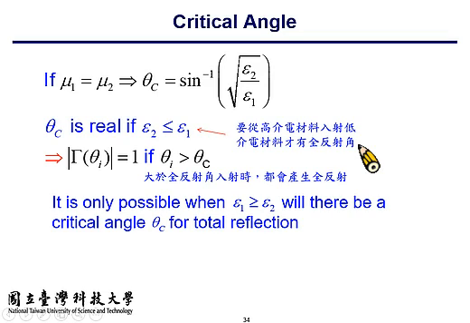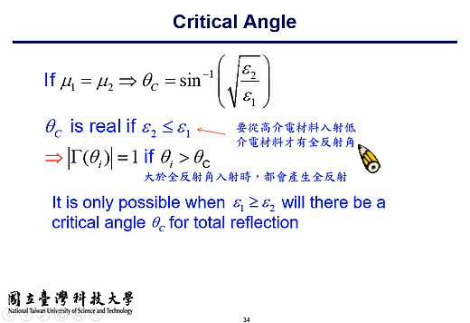On the other hand, if you are propagating from a high permittivity material to a low permittivity material, the theta t direction will steer away from the normal incident direction.